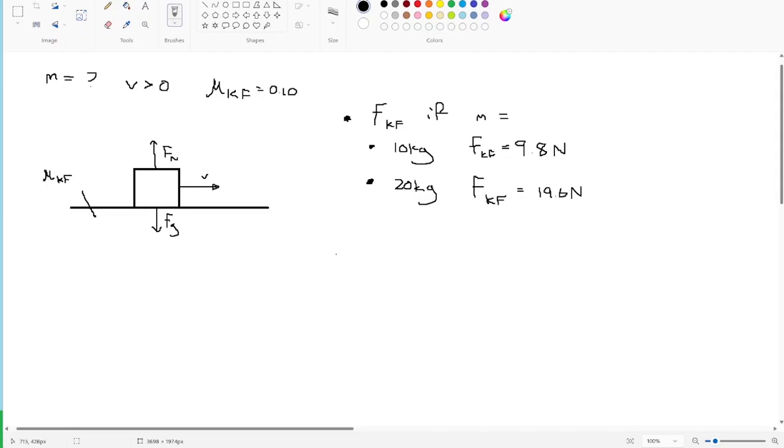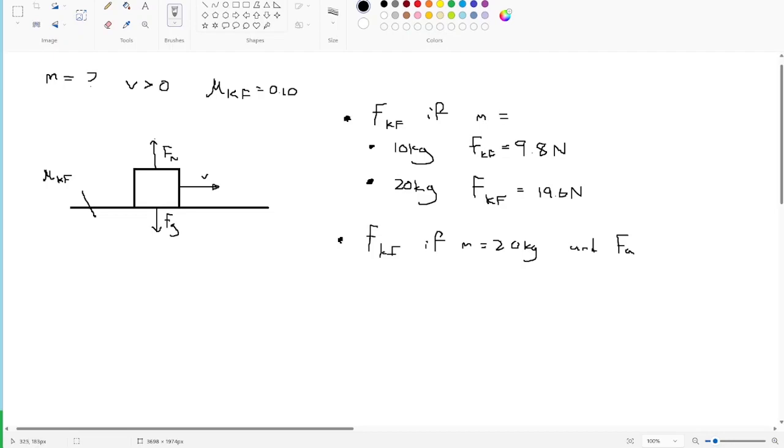Okay, so let's see. What is F_kf? If M is equal to 20 kilograms, and we have an applied force, force applied, which I'm just going to call force A for simplicity.